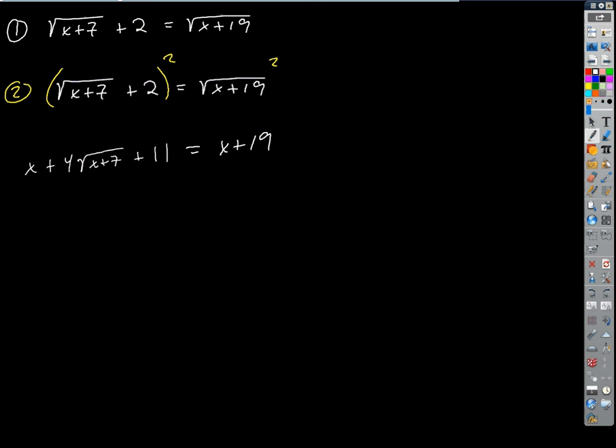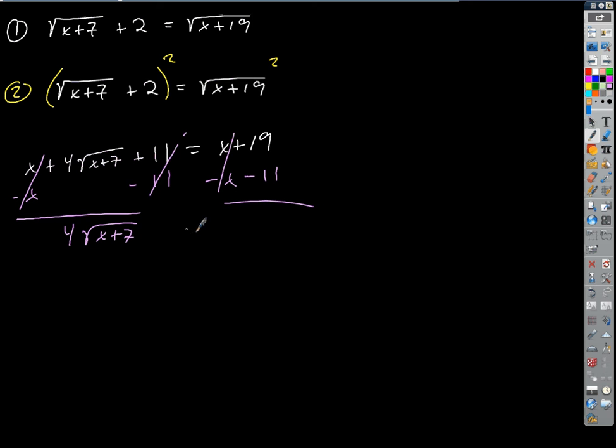Right? So what's that mean? We could subtract away x from both sides. Well, that's convenient. Look, the x's cancel. And then we're going to subtract 11 from both sides. And we end up with 4 times the square root of x plus 7 equals 8. Next step, divide by 4.